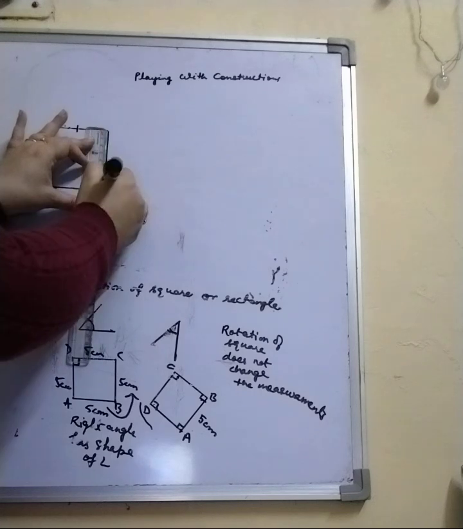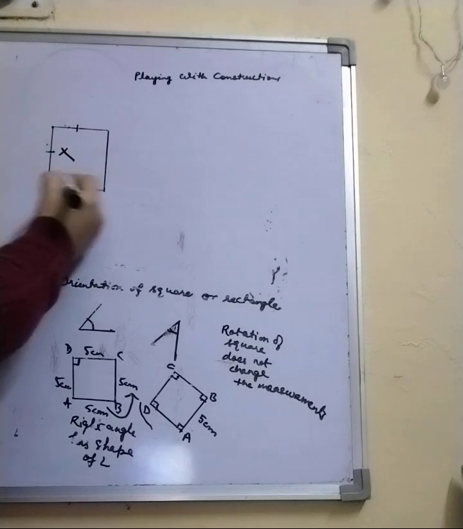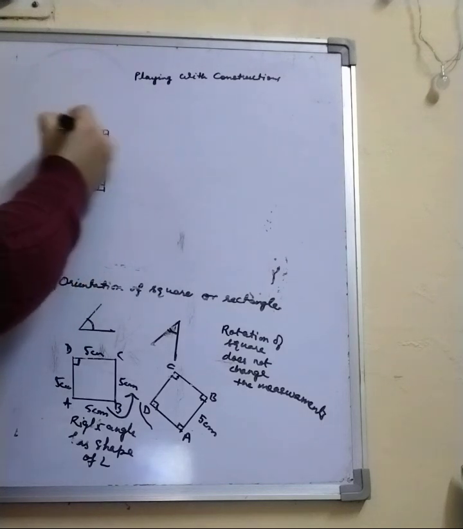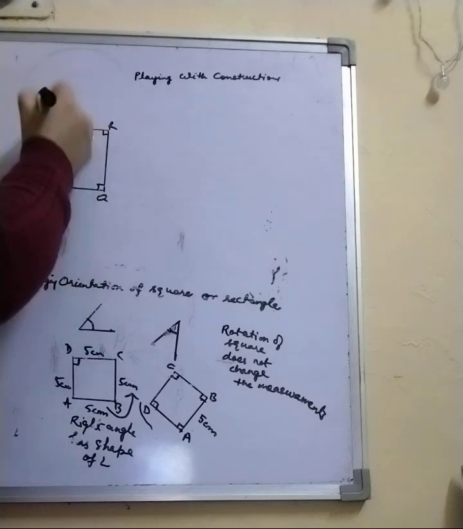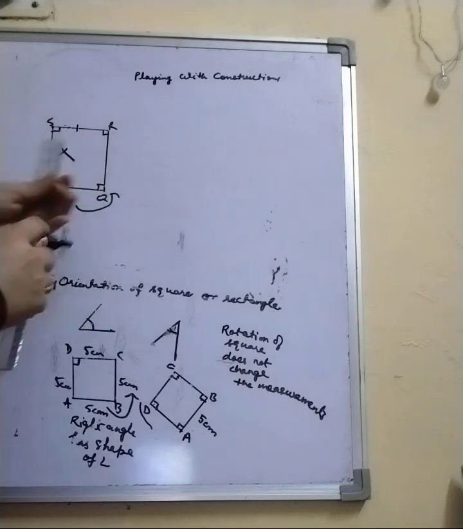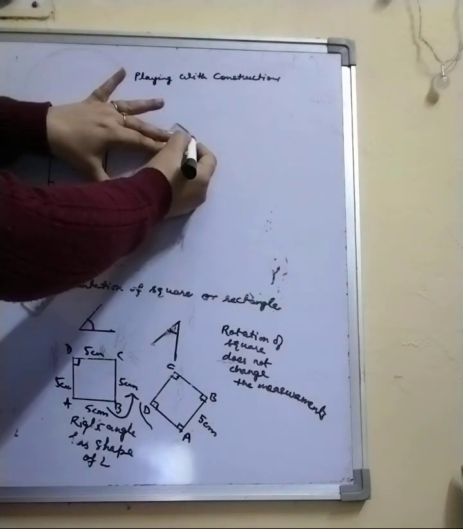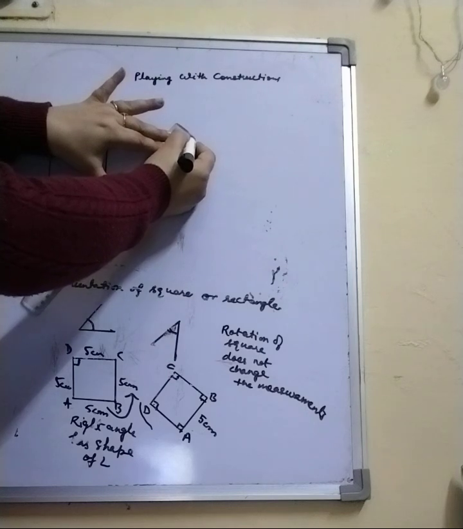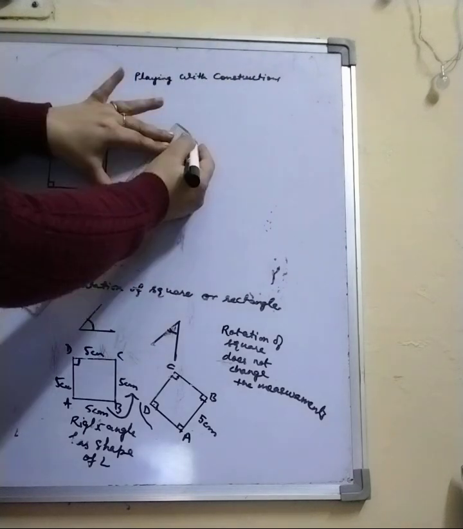Now it is correct. So similarly, if you rotate, all corners are 90 degree. So suppose you name it PQRS. Then if you rotate this figure, then also nothing would change for the same reasons. So my 7 centimeter would go like this.